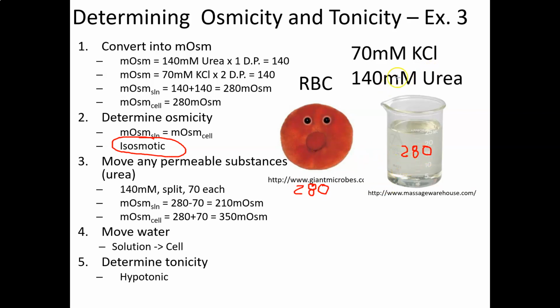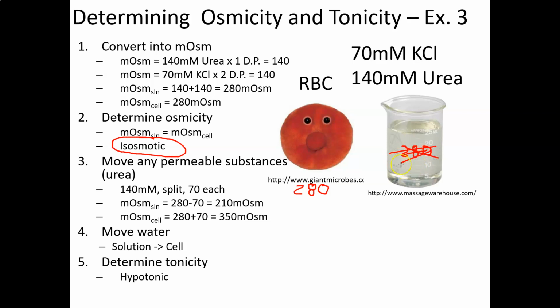Now since urea is in the solution and urea is permeable in the red blood cell, half of the urea is going to diffuse inside the red blood cell. So 70, because there's 140 millimoles of urea, 70 millimoles of urea is going to diffuse inside the red blood cell. So since it diffuses in, I'm going to cross this number out.